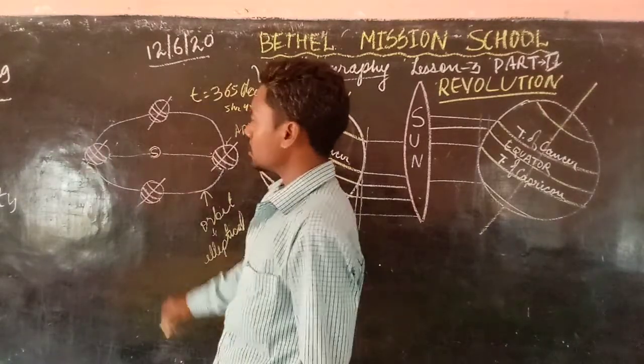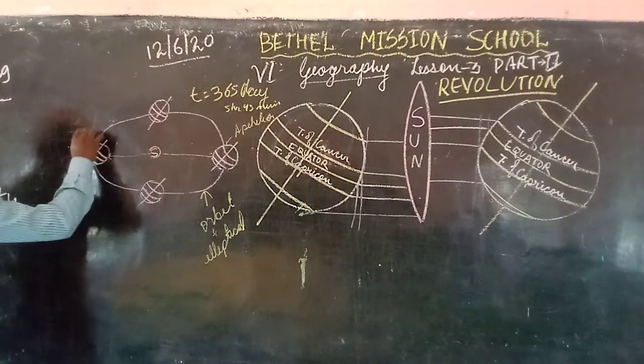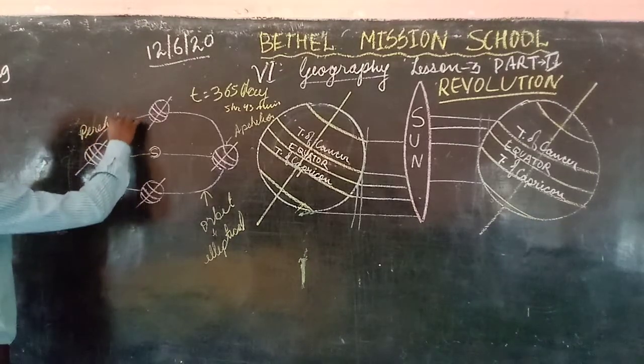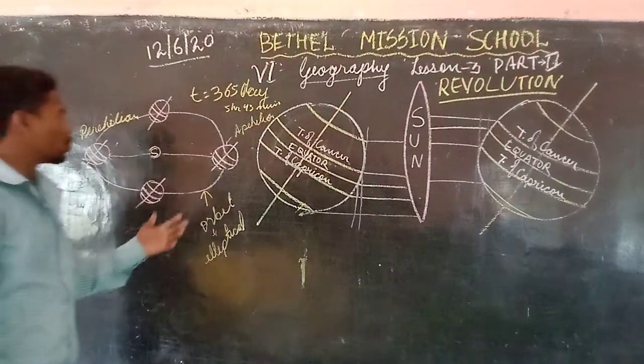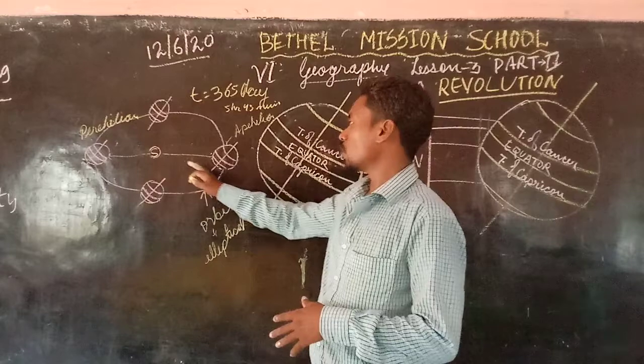And the part of the year in which the earth is closest to the sun is called perihelion. So that is about the distance of the earth from the sun.